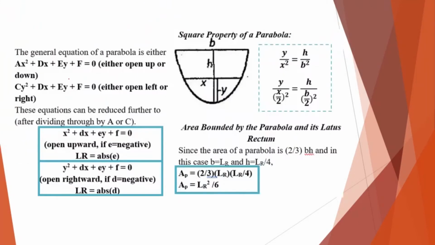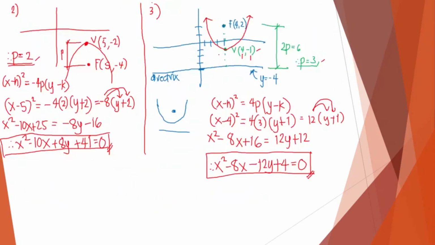What we will do here is use the square property of parabola. So recall, we have the height, 3 meters from the top, over the length squared, L squared.